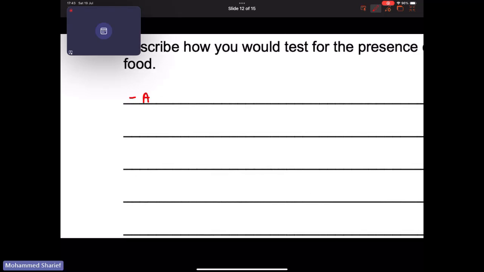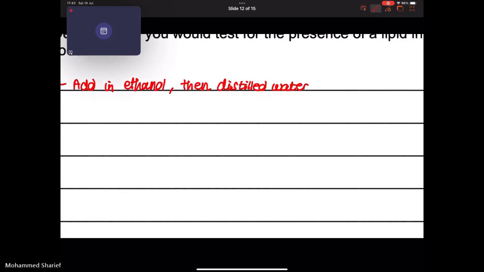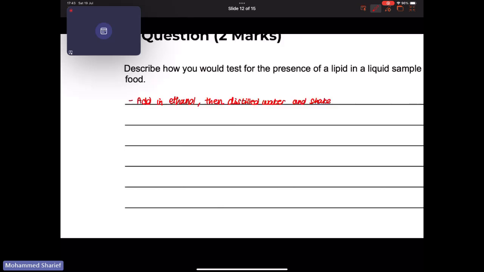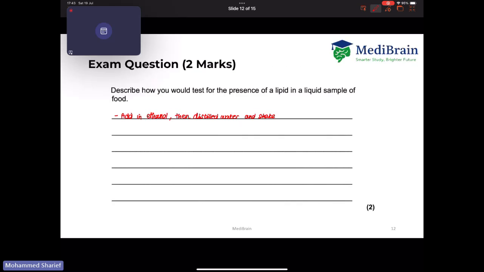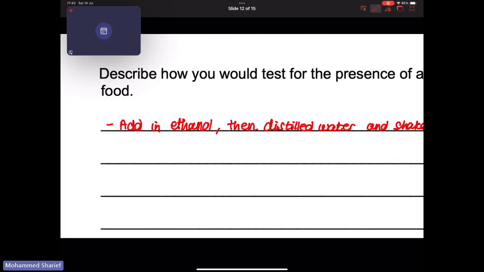So you add in ethanol, then distilled water. And then once you've added the two, shake them, so you make sure that the two solutions are evenly distributed. And then 1 mark for the positive result. Remember, white emulsion.